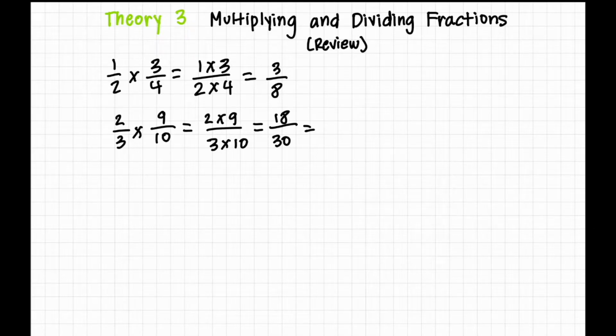So I'll just do 18 divided by 6 and 30 divided by 6, because they're both divisible by 6. 18 divided by 6 is 3, and 30 divided by 6 is 5. So now we're done.